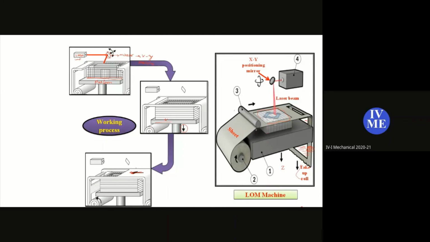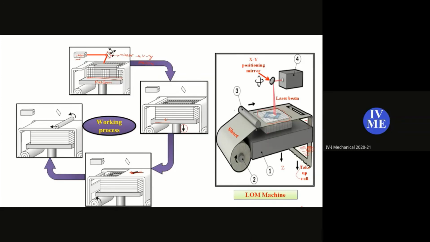After that, it again gets a new material, and then we apply the heated roller on the new sheet. The heated roller forms a glue-like adhesive nature on the sheet layer.